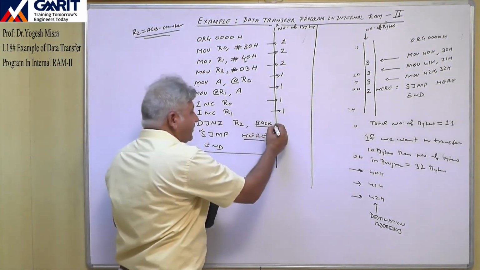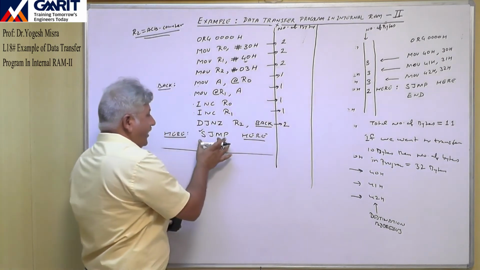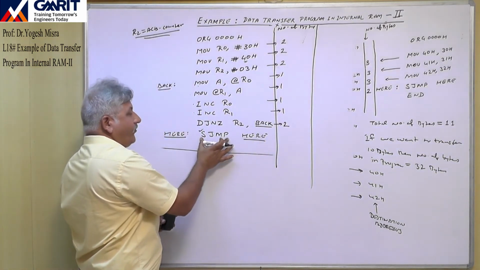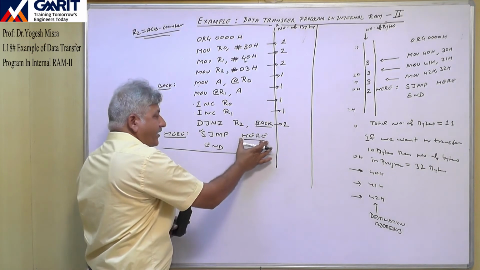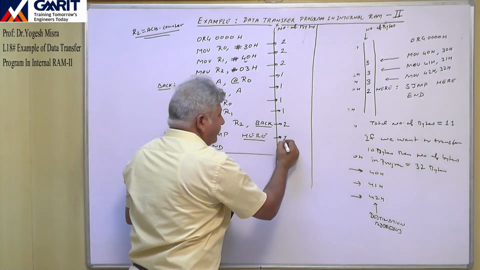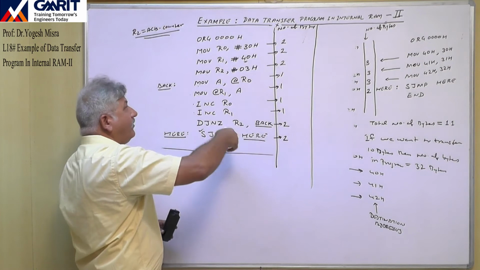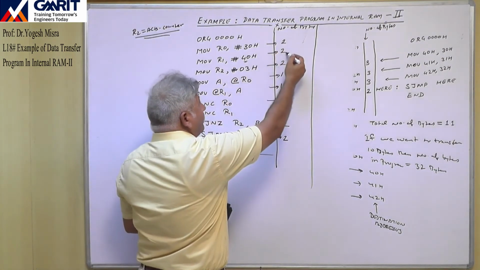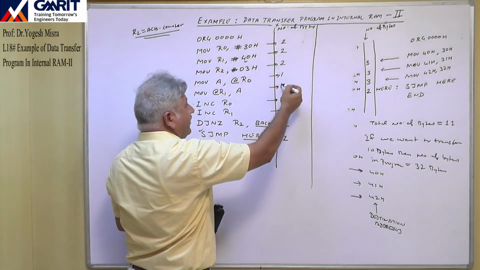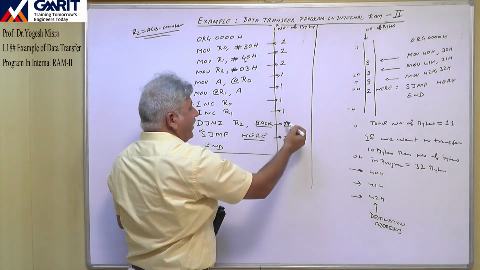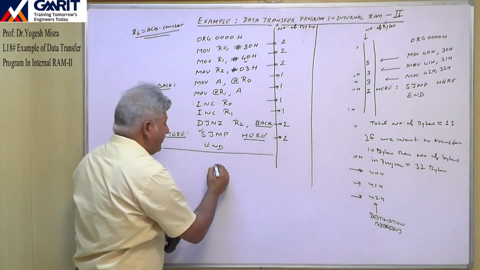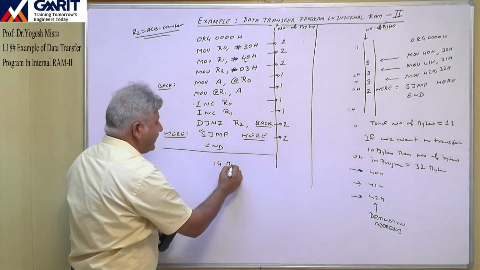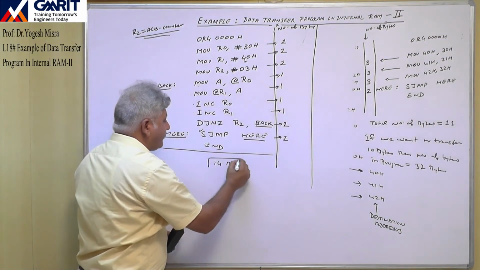So this is a 2 byte instruction. And SJMP here, 1 byte for SJMP and 1 byte for this relative address. So this is a 2 byte instruction. So in total there are 2, 4, 6, 7, 8, 9, 10, 11, 12, 13, 14. There are 14 bytes in this program.